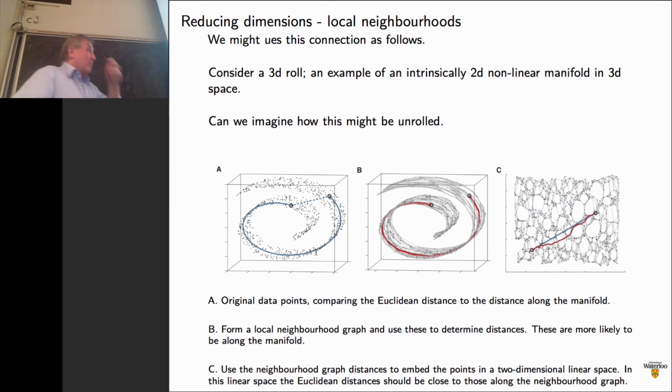Good. So if I have that graph, how might you imagine measuring the distance between 2 points?